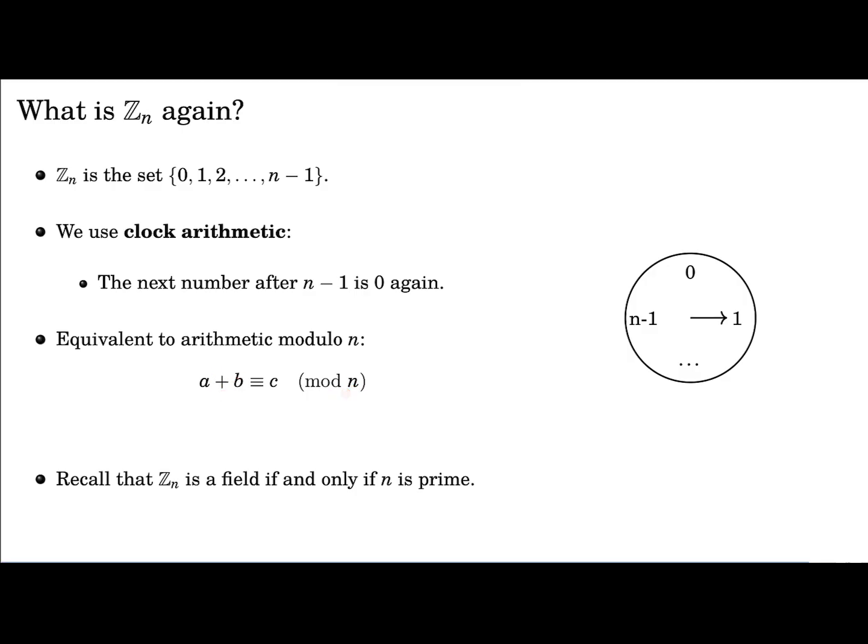And one of the things that we saw before is, when are we able to compute inverses in Z_n? So when is it that if we have an element in Z_n, a, that a to the -1 exists? And we saw that this happens when the GCD between a and n is 1, so that means when they are coprime.